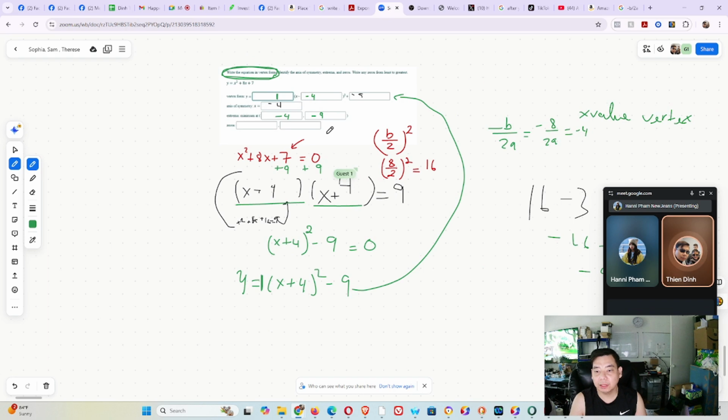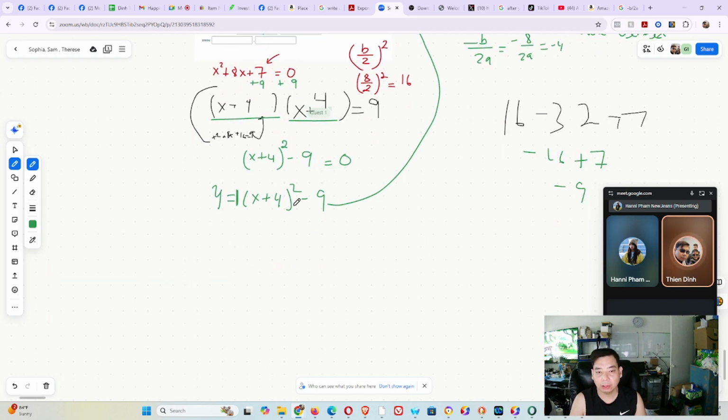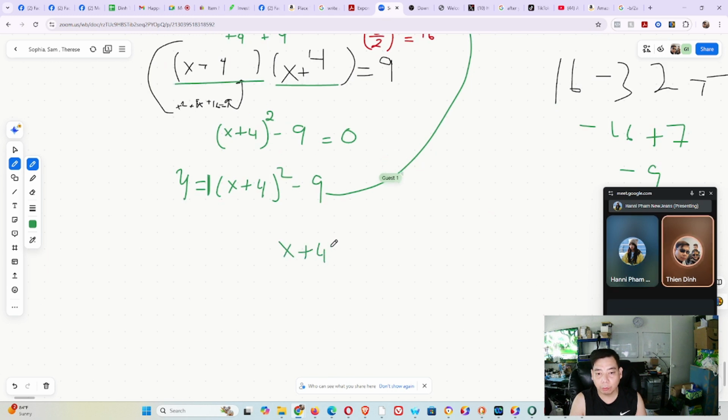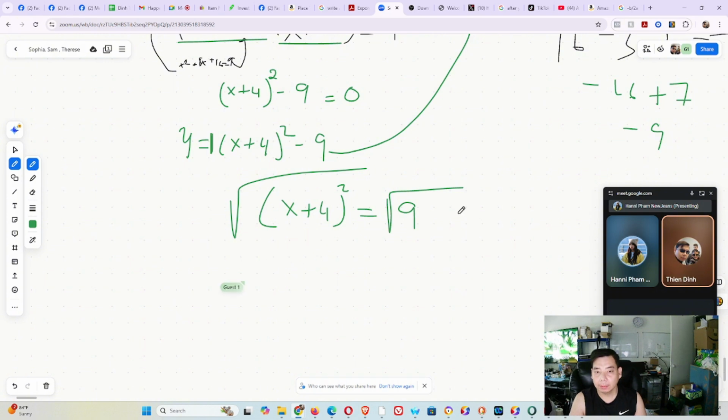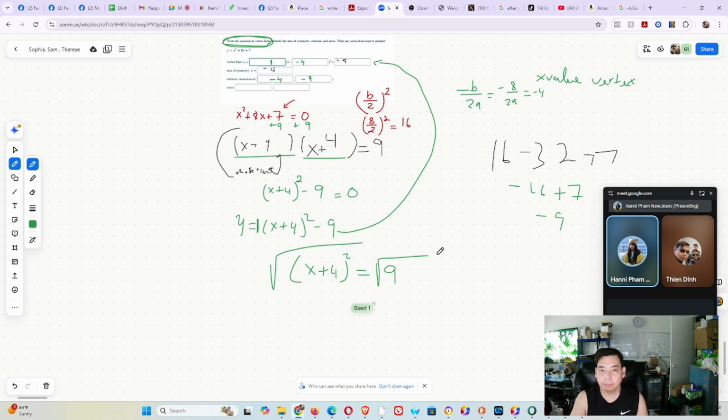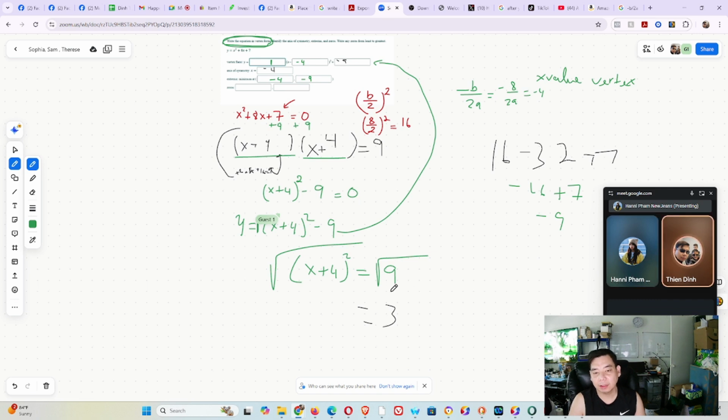Okay, now for the zeros, though. For the zeros, you got to solve the equation. So you put x plus 4 squared equal to 9. You got to square root both sides. Square root of 9 is going to be what? 3.